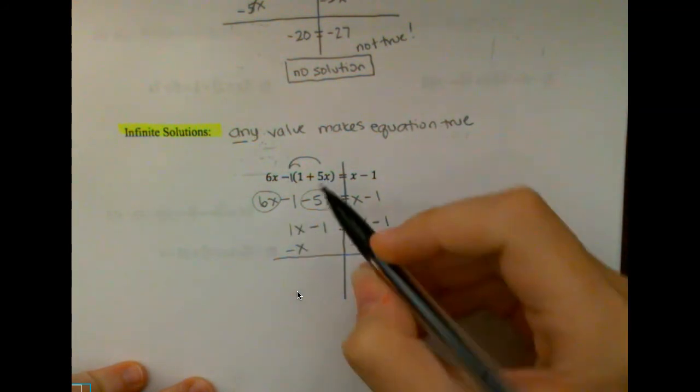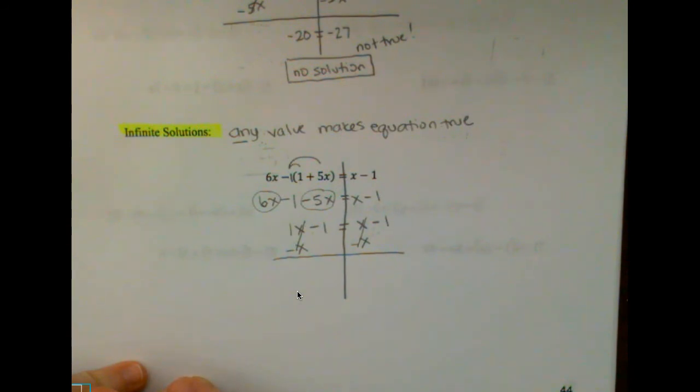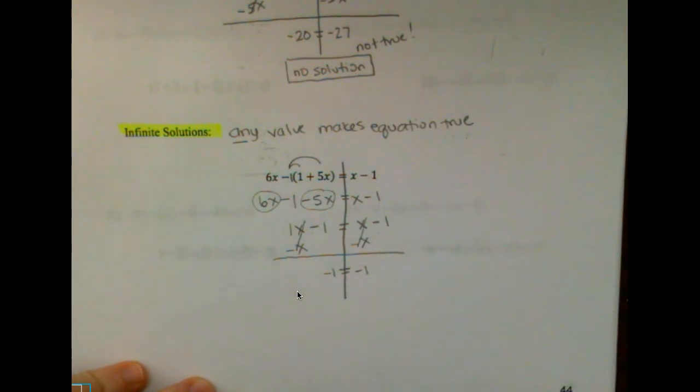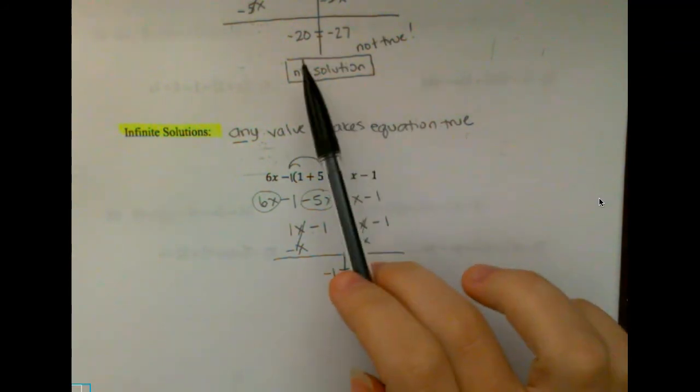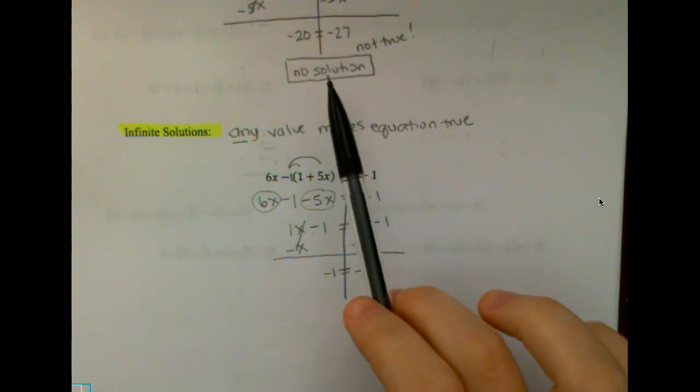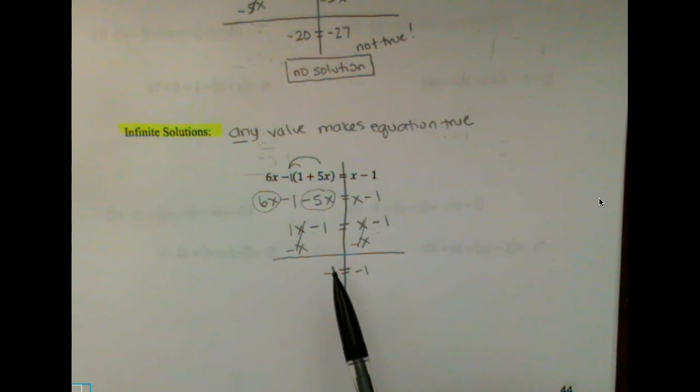1 minus 1 is 0, so all the variables cancel out, and now I'm left with negative 1 equals negative 1. Okay, unlike the top where it was not true, where negative 20 and negative 27 were not equivalent, now we're in a situation where all my variables are gone, but my two numbers equal each other.